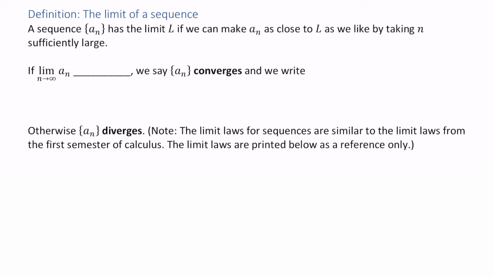If the limit of a sub n equals L, we say a sub n converges, and we write the limit as n approaches infinity of a sub n equals L, or our sequence A approaches L as n approaches infinity. Otherwise, we say the sequence diverges.